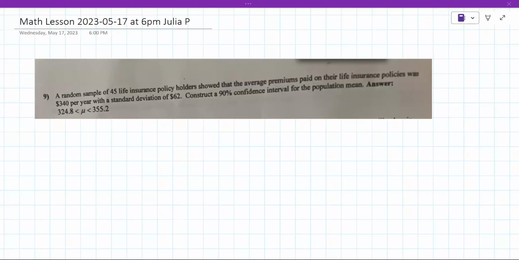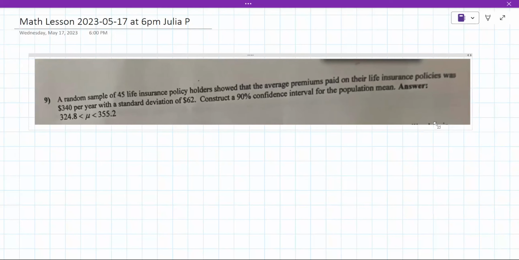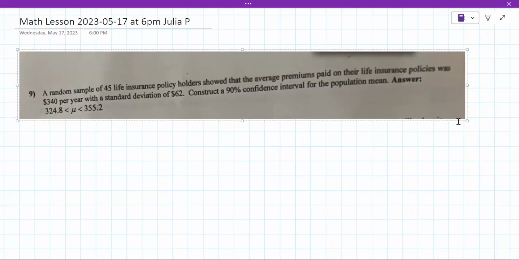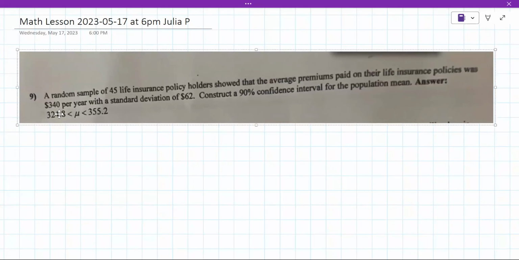It says a random sample of 45 life insurance policyholders showed that the average premiums paid on their life insurance policies, $340 per year, standard deviation of $62. So this is a good place to start, identifying variables from the story.